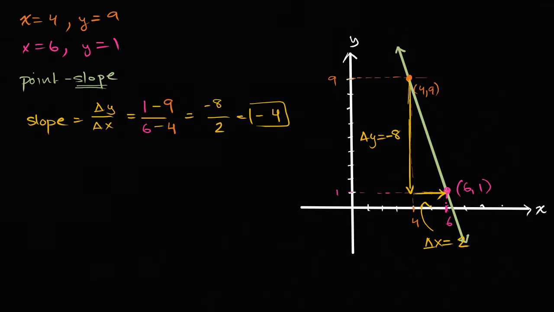And so let's do that. The way I like to do it is I always like to take it straight from the definition of what slope is. We know that the slope between any 2 points on this line is going to be negative 4.